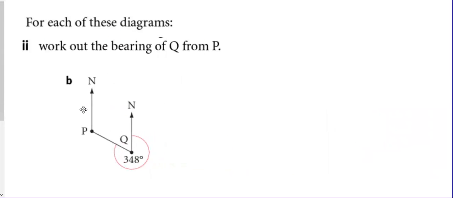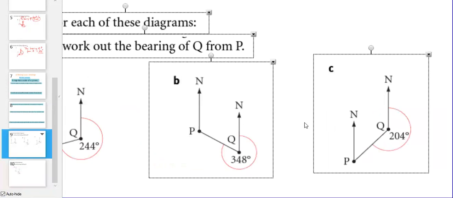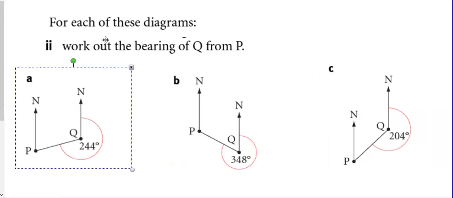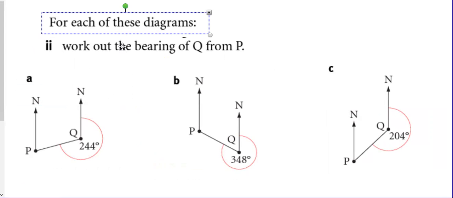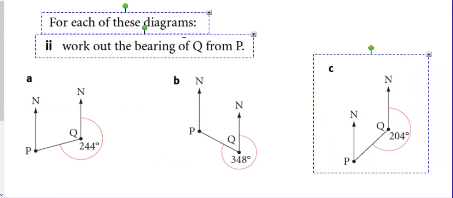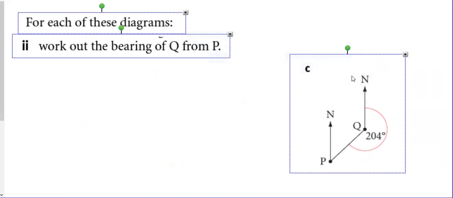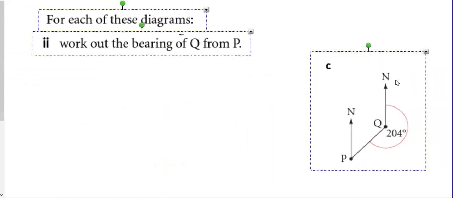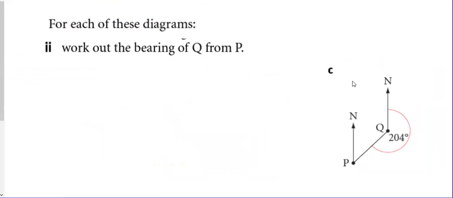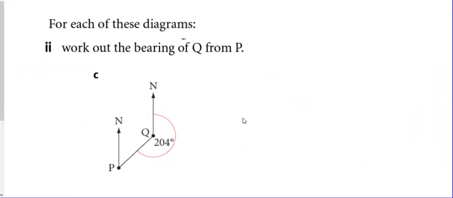That will be B, and then let me look for C. Okay, this is your C. So the same question, but this time I'm going to go for C. Right, so we have everything in place there. We're going to do this question C on a separate page. All right, there we go.